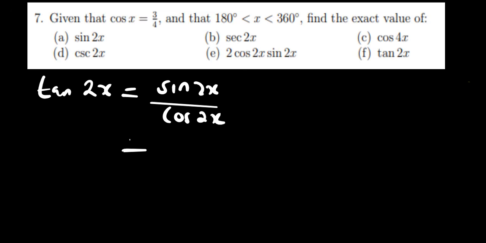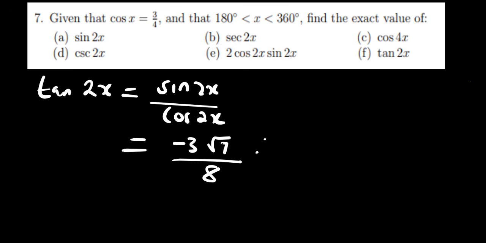Well, from finding sine 2x, what did we say that was? It was the answer to the first question: negative 3 root 7 over 8.